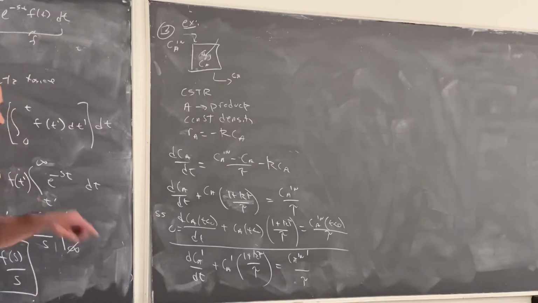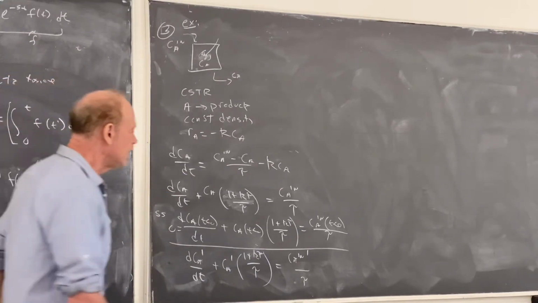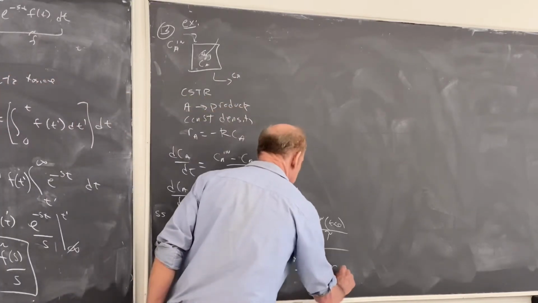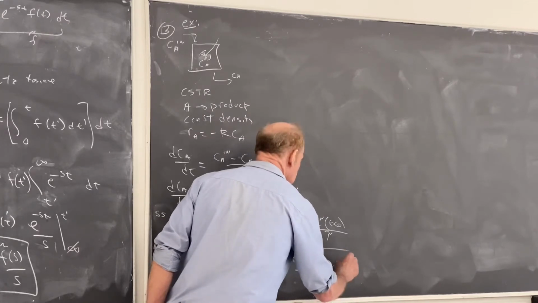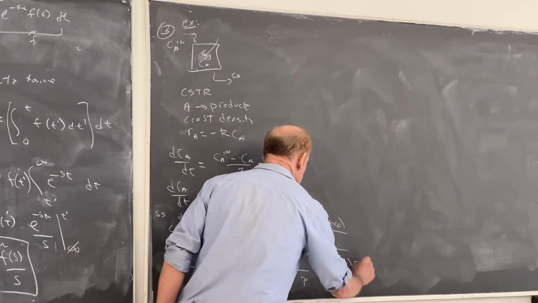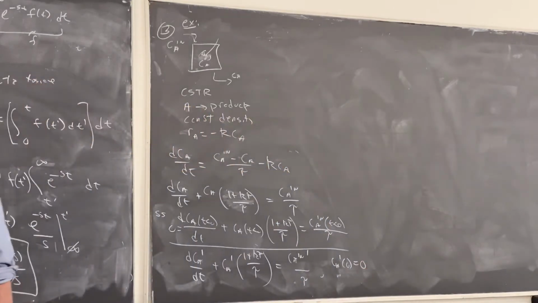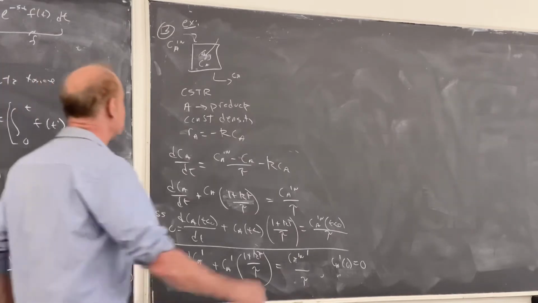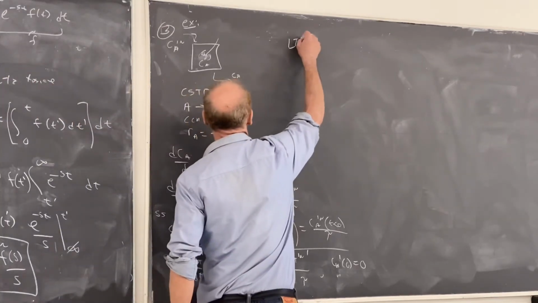The only difference between this equation and the earlier one is my initial condition: CA prime of 0 is 0, because CA prime is the value at 0 minus the value at 0. So now let's do the Laplace transform.